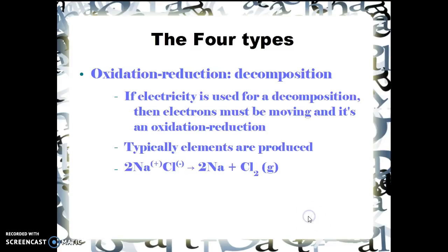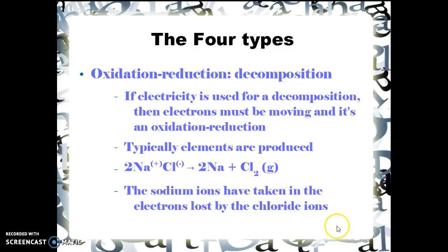So if, for instance, you see a compound called sodium chloride or any other chloride, and you see that electricity is passed through the molten compound, and the question is what elements are produced from it, you know that sodium and chlorine are going to be produced because the electricity is used to pass through the compound, and electricity means electrons are moving.